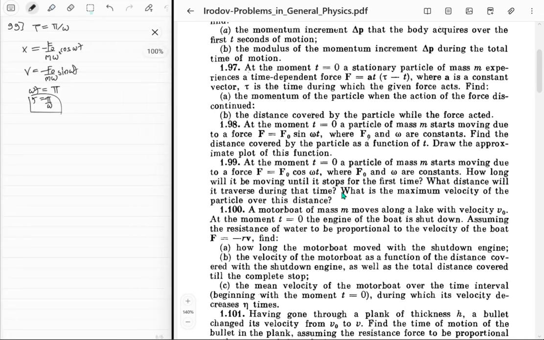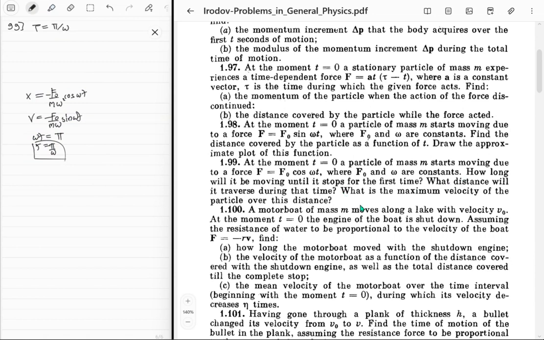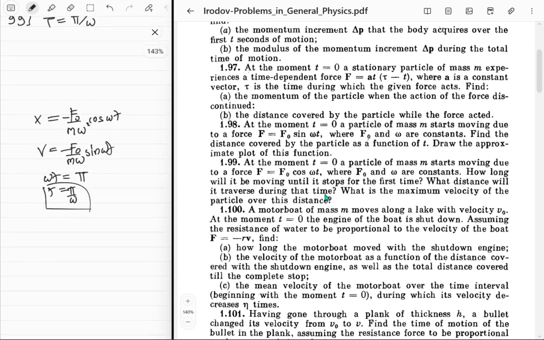Okay, what else do you want? What distance will it traverse during that time? So the displacement is this thing. Initially it's at an extreme position, and then it will go till the other extreme position.